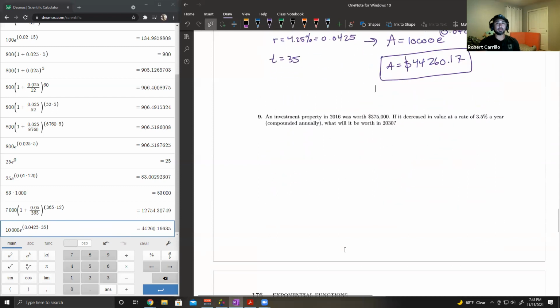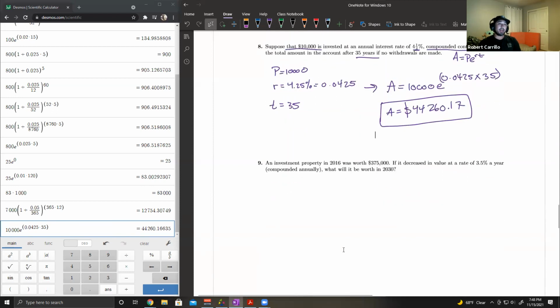And now the next one, we have an investment property in 2016 was worth $375,000. If it decreased in value at a rate of 3.5% a year, compounded annually, what would it be worth in 2030? Okay, so look at those special words, compounded annually.